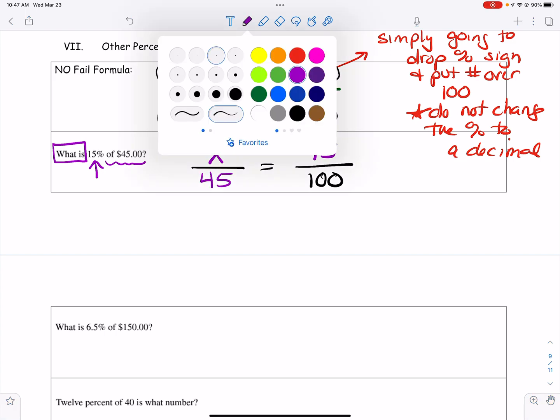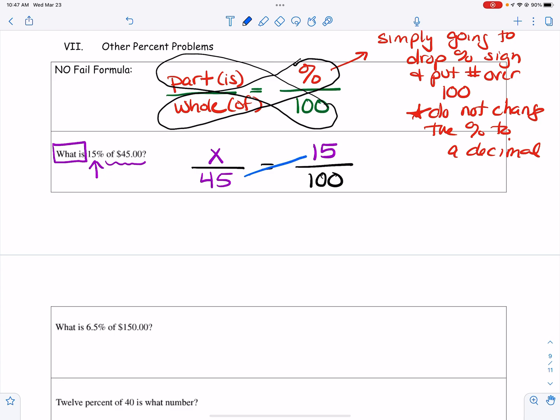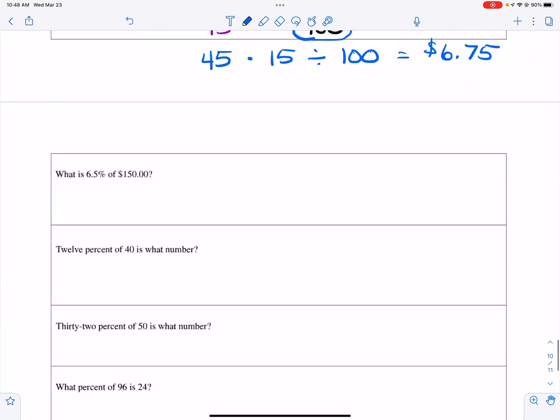So now when I enter this on my calculator, I find the two numbers that are diagonal from each other, and I multiply them, and then I always divide by the number that is across from the variable. So 45 times 15 divided by 100 comes out to be $6.75. And since we're talking about money, I know it's $6.75, okay?